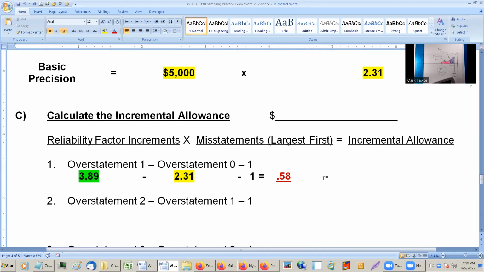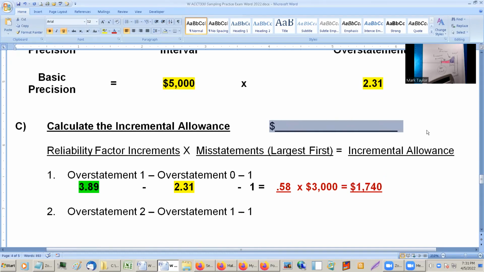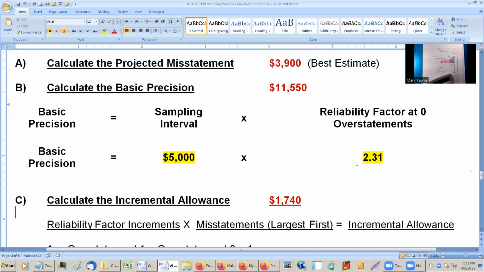So you take 3,000 times 0.58, which is 1,740. So that'll be the incremental allowance.